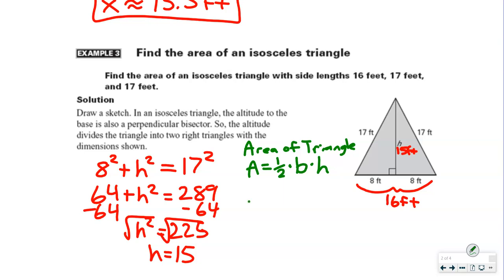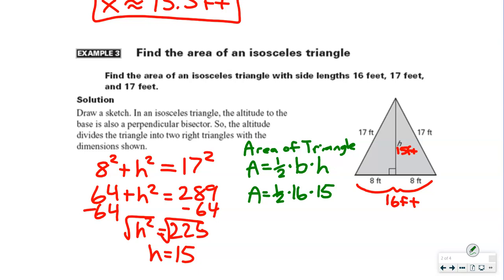So in our specific triangle, we have 1/2 times a base. Our base was 16. Don't get that confused with the 2 smaller 8s. We're looking at the large triangle. So the large triangle, the base was 16. And then our height was 15. That's what we just found out.